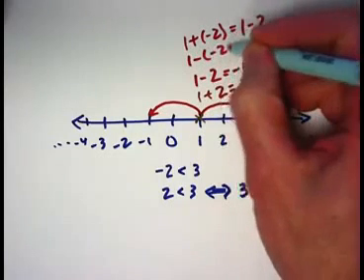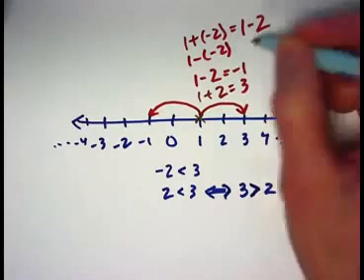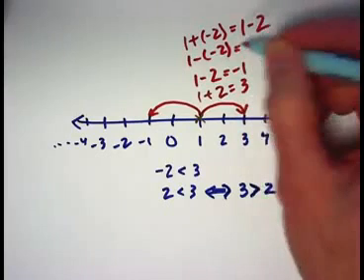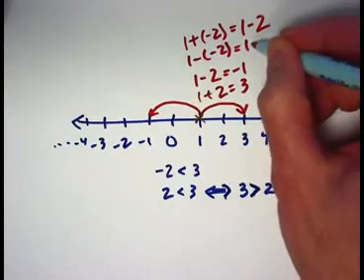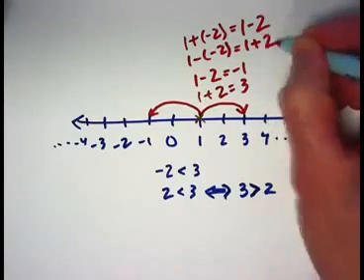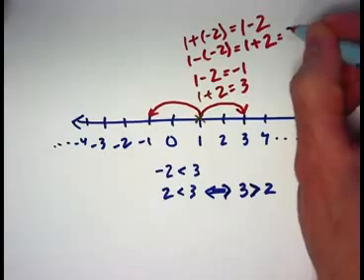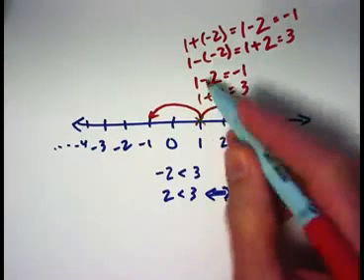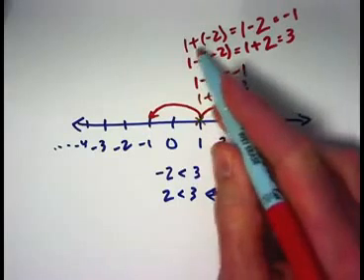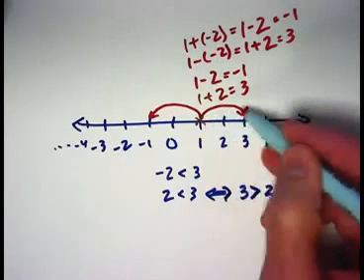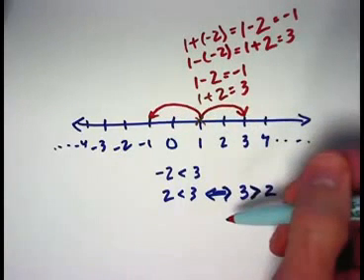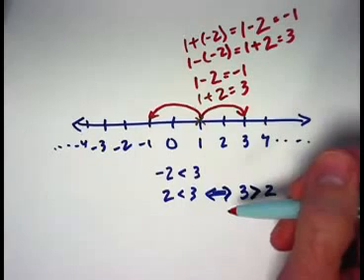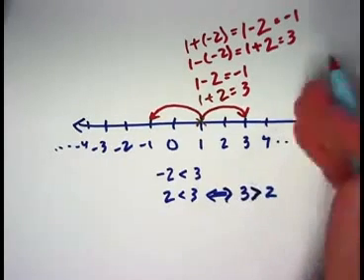Subtracting a negative, like 1 minus negative 2, is the same in this case as adding the corresponding opposite, adding positive 2. So starting at 1, if you add a negative, you move to the left. If you subtract a negative, you move to the right. Take a moment to think about that. Think deeply about that. That's always what you do.